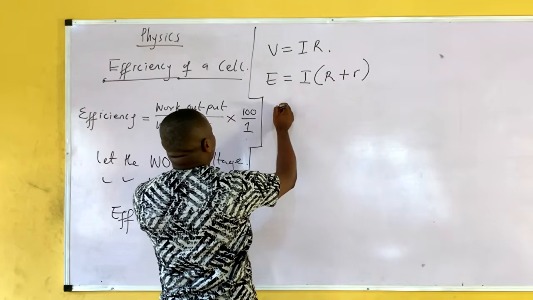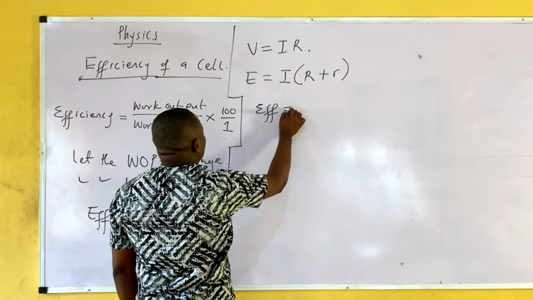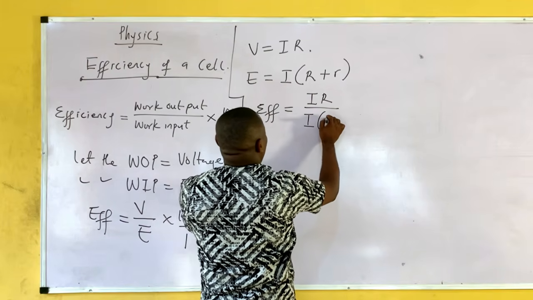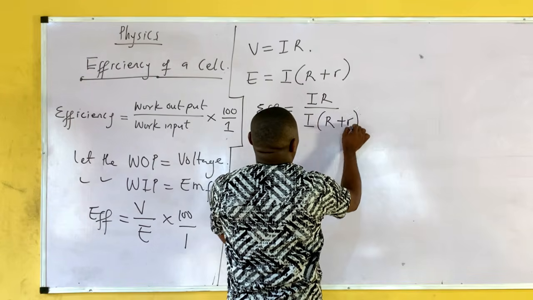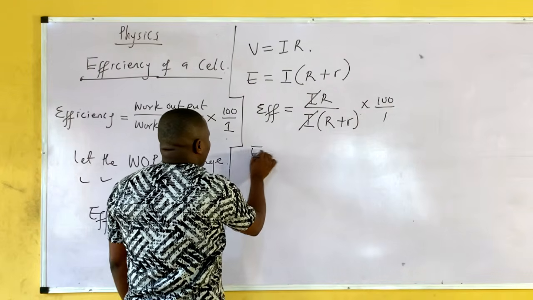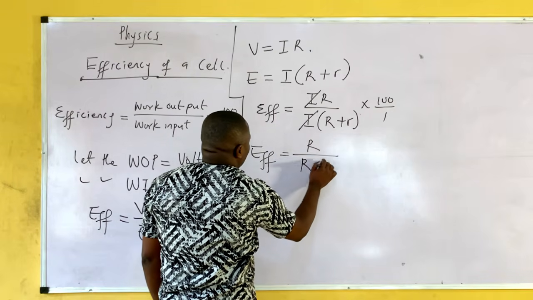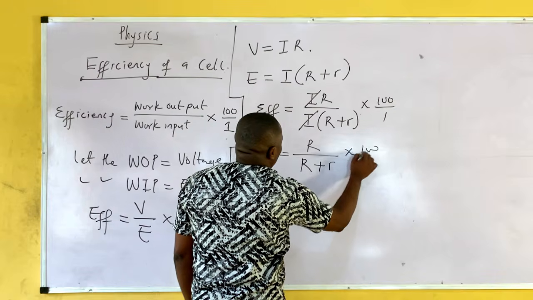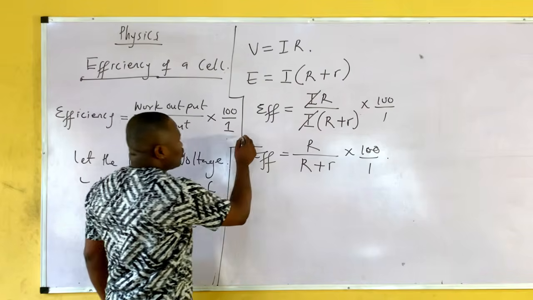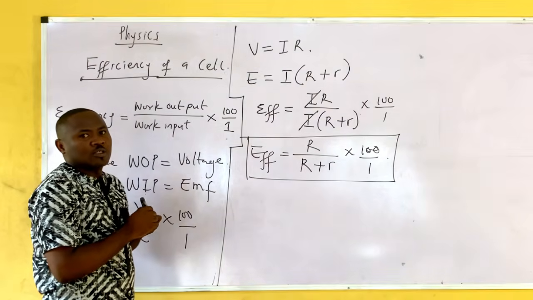So I have here that efficiency is equal to I R over I open bracket R plus r, times 100 over 1. So this cancels out this. So efficiency is now equal to external resistance over external plus internal resistance, times 100 over 1. We'll be using this formula to show examples of questions, but I want you to note that this is the formula to solve for the efficiency of a cell.